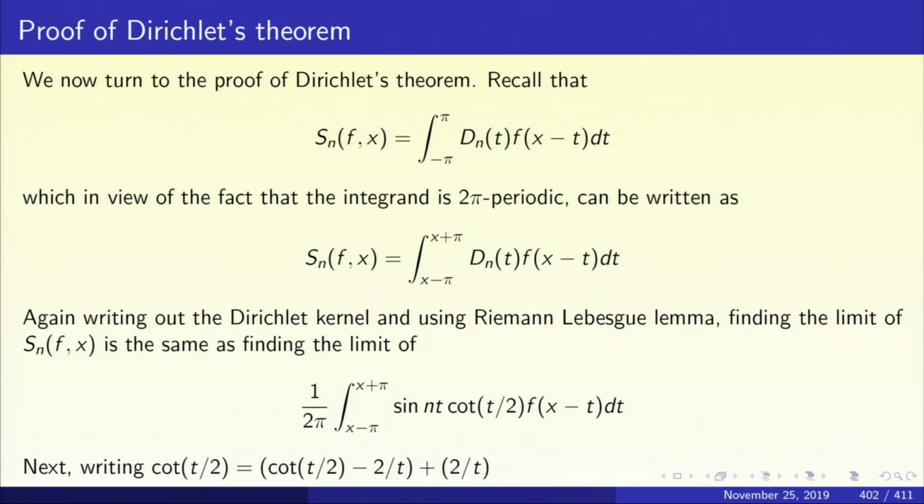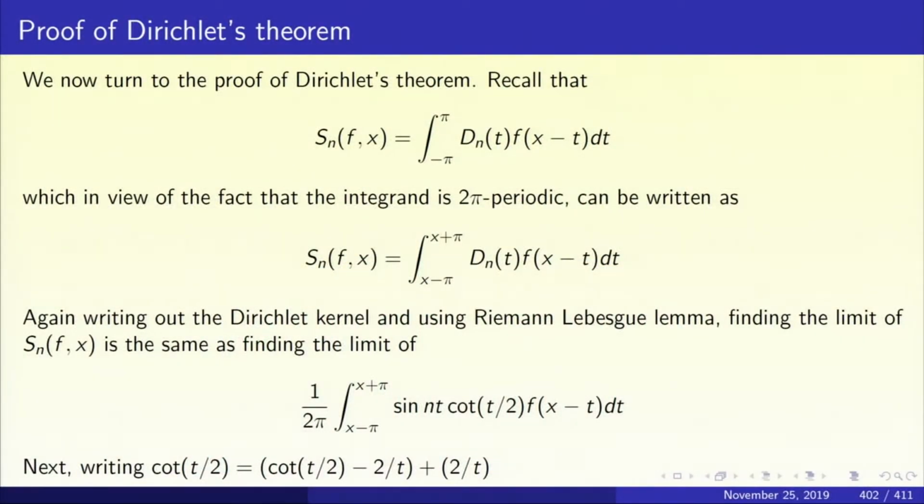We recall right from the first module that the nth partial sum of the Fourier series for f, S_n f(x), is given by the integral from minus pi to pi of D_n(t) f(x minus t) dt, where D_n is the Dirichlet kernel. Now, the Dirichlet kernel is 2 pi periodic, and f is also 2 pi periodic.